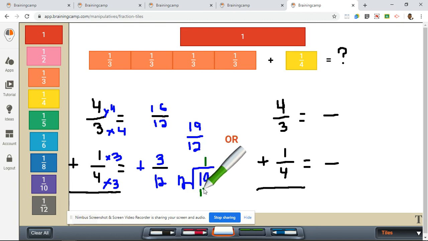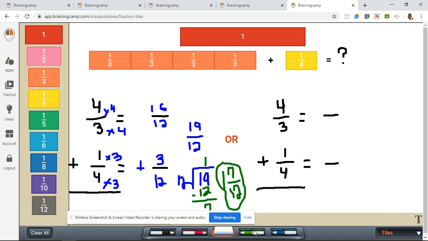I'm using the standard algorithm here to show you how to convert 19 twelfths. You're left with 19 minus 12 is 7. The quotient is your whole number. What is remaining becomes your numerator. And your denominator, which is 12, does not change. So hopefully you got 1 and 7 twelfths as your answer.